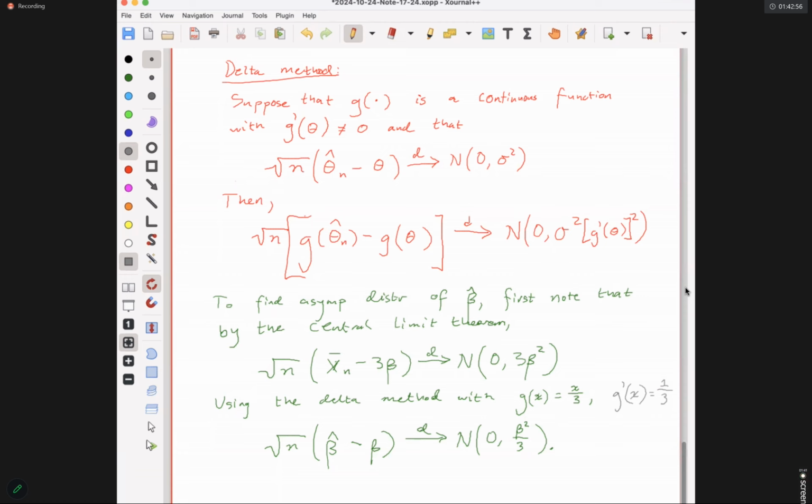So g prime evaluated at beta is still just going to be 1/3. And so we square that, we get 1/9, multiply by 3 beta squared, and we get 1/3 beta squared. Does that make sense?